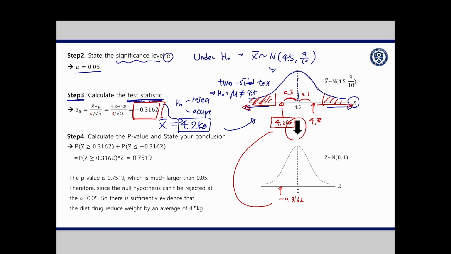Okay, so the final step, step 4, is to calculate the p-value by the test statistic. So the p-value is this area. It is a two-sided test, so we consider also this area.